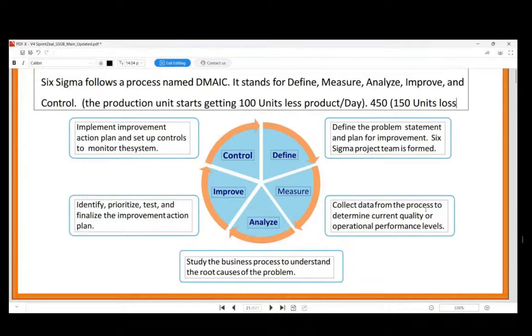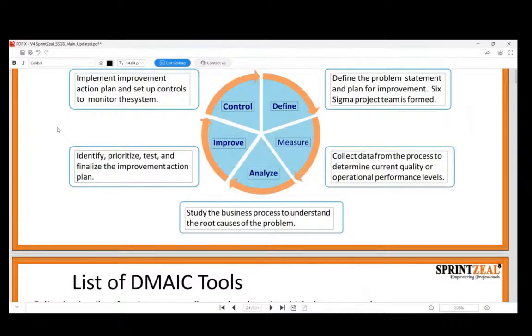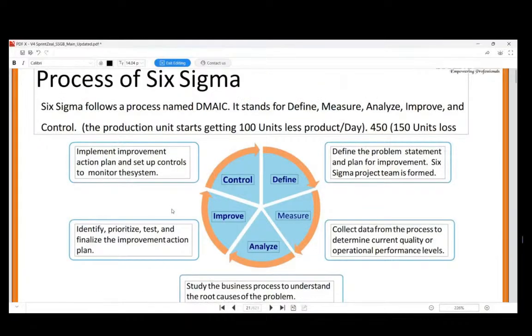So in a month, when I analyze on the basis of these 100 units less products per day, I found this 100 unit is just for today. And this is coming as an average for 30 days. When I got the average, someday I found there was a loss of 60 units, 40 units, someday it is loss of 150 units.